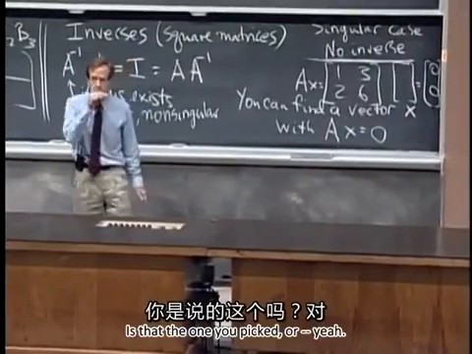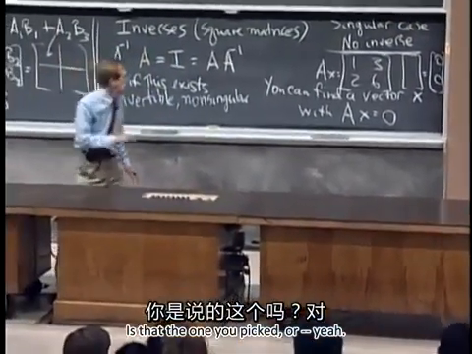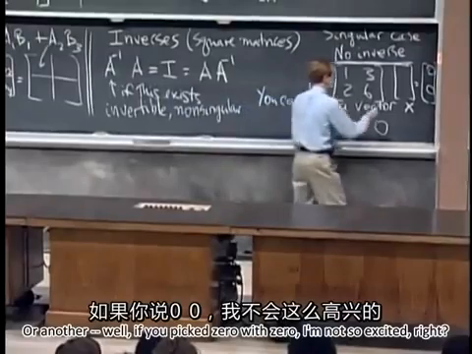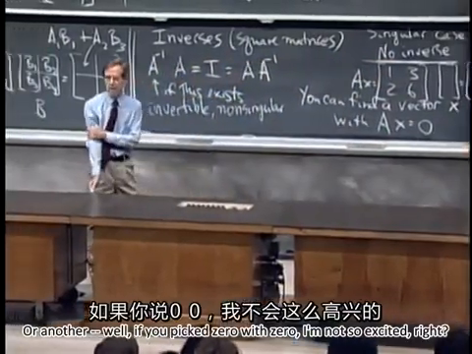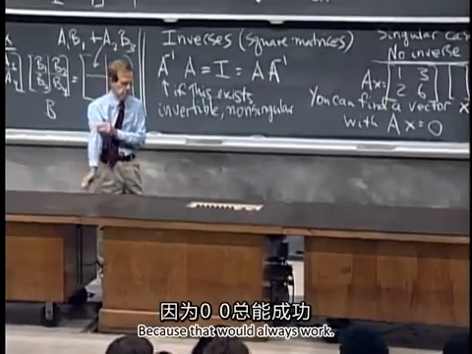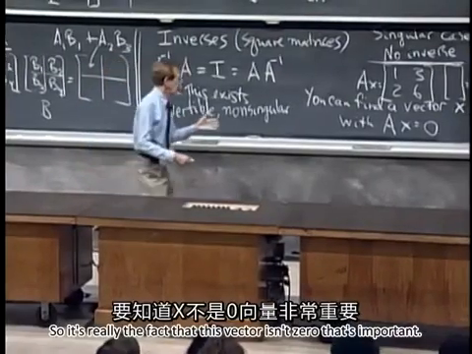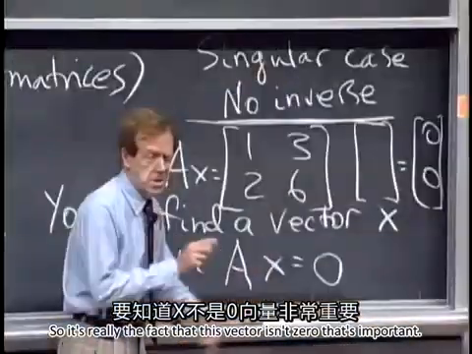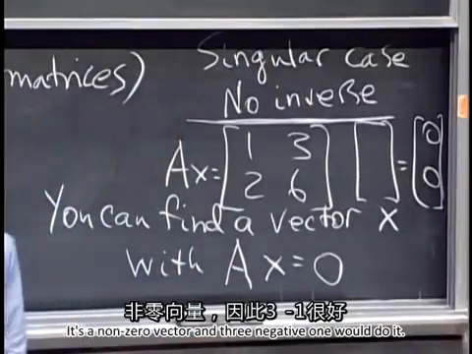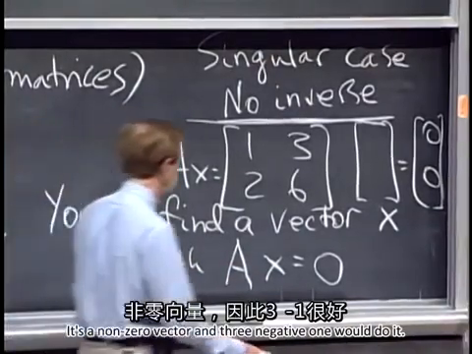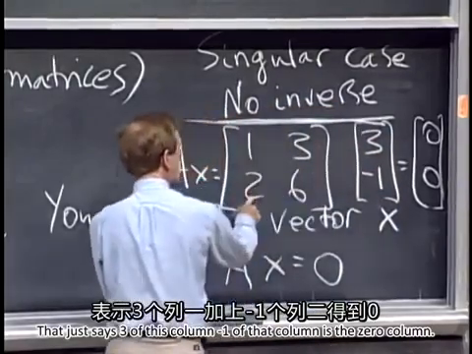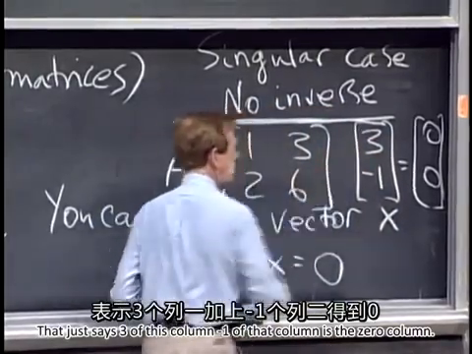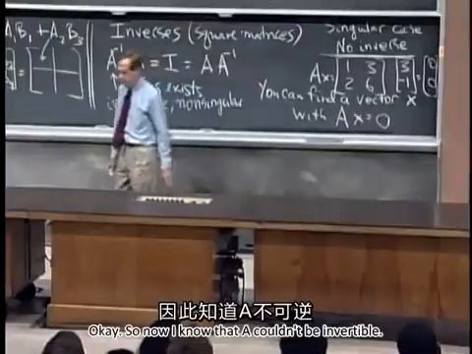Is that the one you picked? Or another. If you pick 0 and 0, I'm not so excited, because that would always work. So it's really the fact that this vector isn't 0 that is important. It's a non-zero vector, and 3, negative 1 would do it. That just says 3 of this column minus 1 of that column is the 0 column.